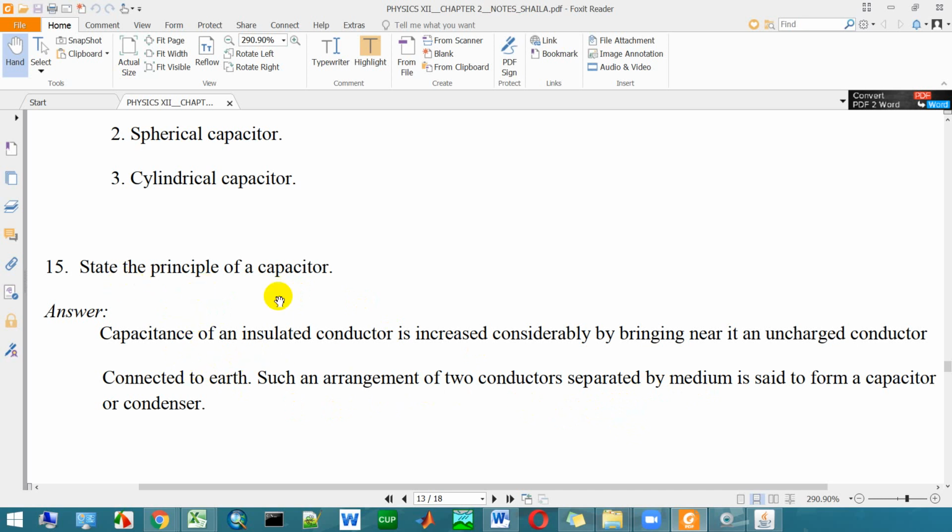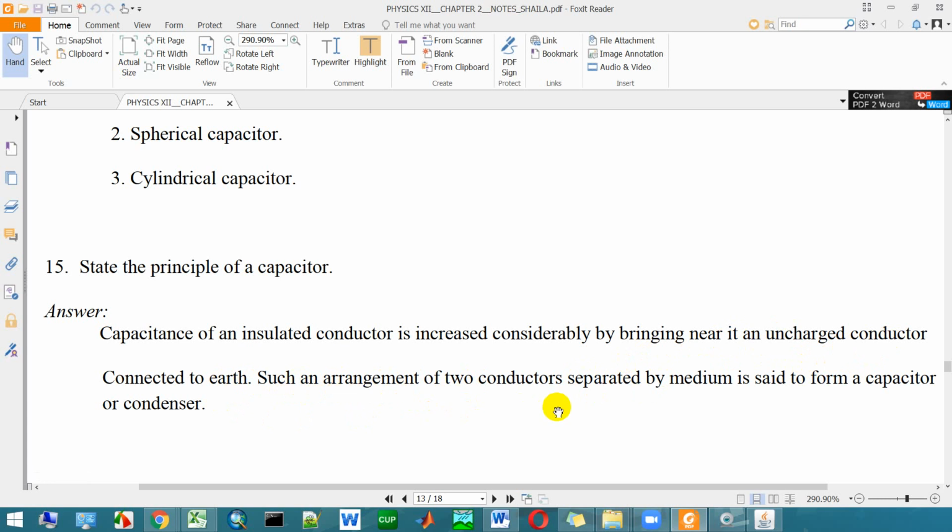The principle is only a statement: the capacitance of an insulated conductor is increased by bringing near it an uncharged conductor connected to earth. When an uncharged conductor is connected to earth, the second conductor also gets charged. One side becomes negative, the other side positive, and the positive charge goes to the earth.